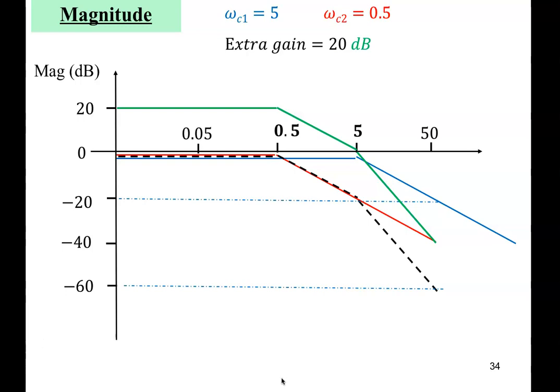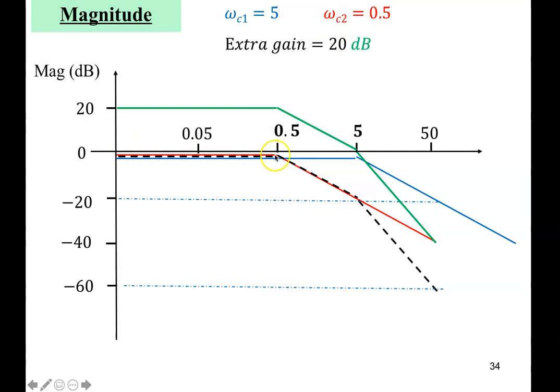Sketch the magnitude plot for G1, sketch the magnitude plot for G2, then go through different frequencies, find the values, and work out what you should have for G1 times G2 by adding the dB values together. Connect all the points together, and that will give you the magnitude plot of G1 times G2. And then the final step is to add the extra DC gain on top.